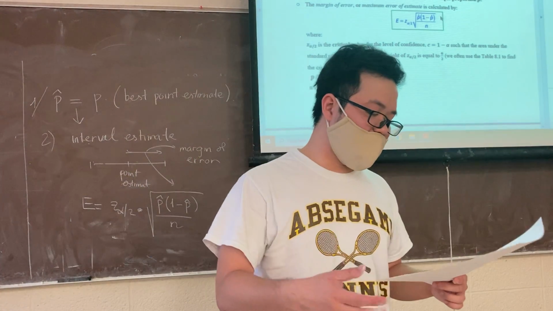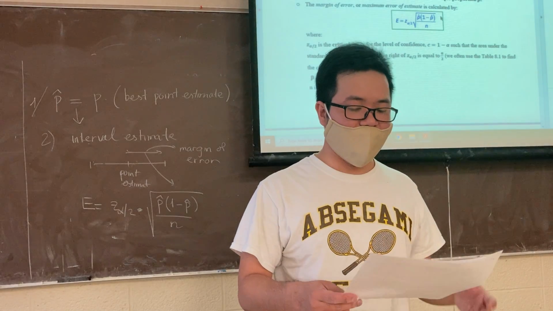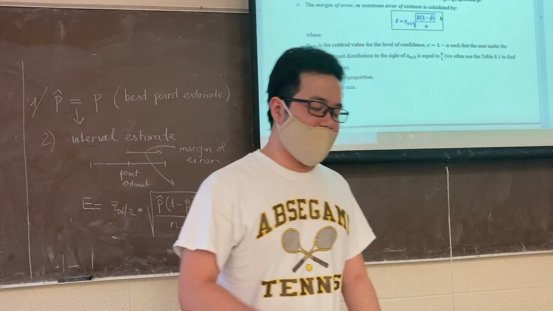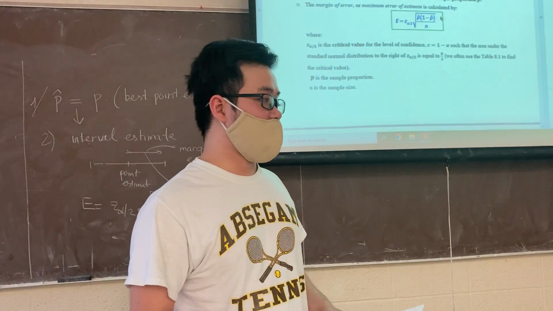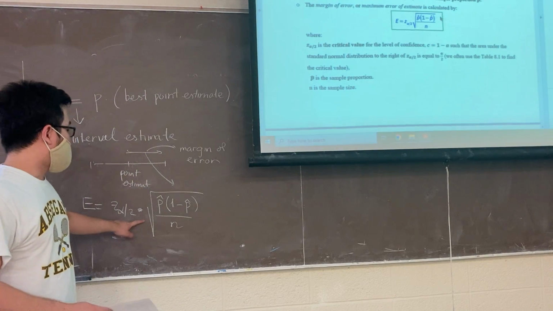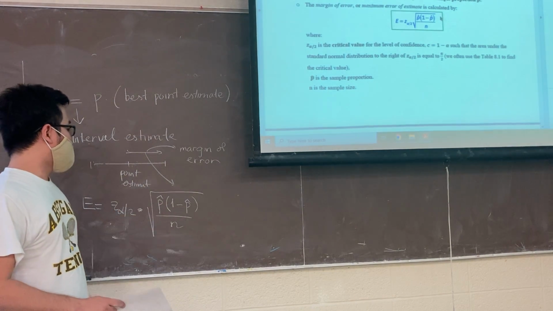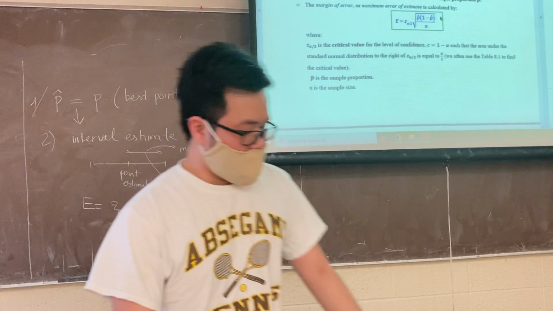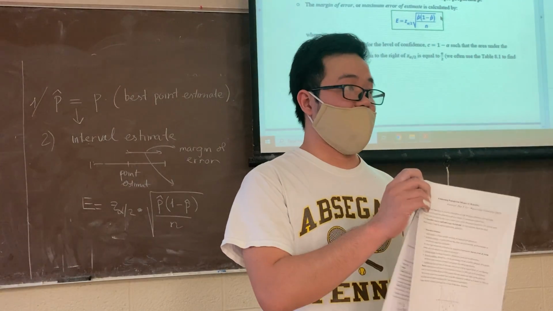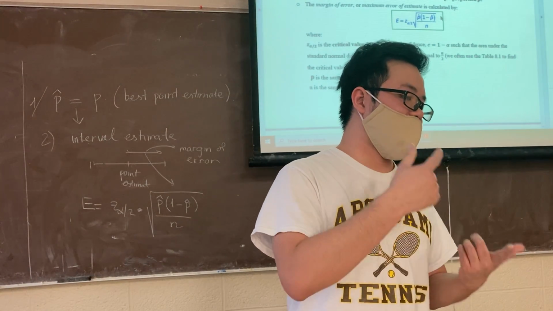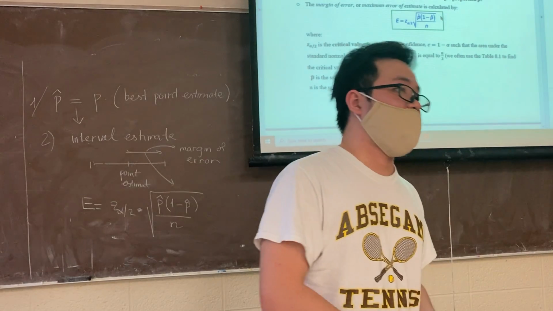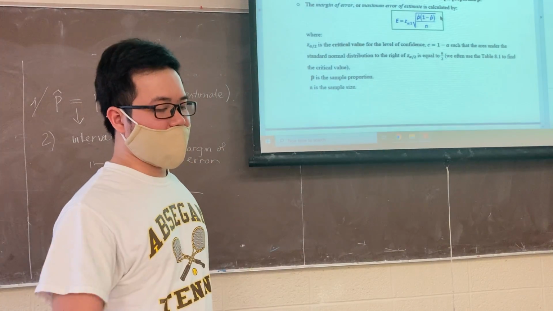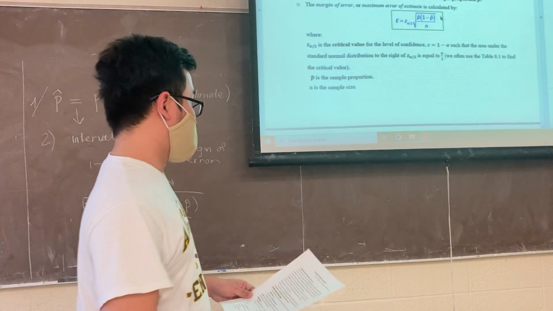You just need to know when to use this formula and when to use the formula from the previous class. If the question gives you the proportion, you will use this one. If they give you the sample mean, we use the formula in the previous handout. It depends on the question. You need to determine whether they give you the mean or the proportion. It is similar to chapter 7: mean or proportion, two things to remember.